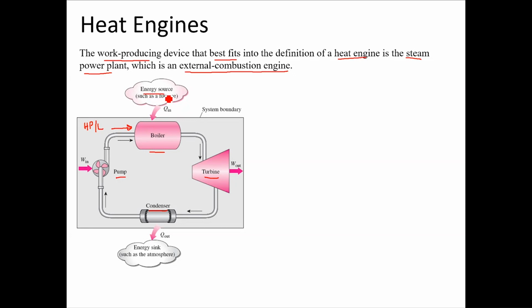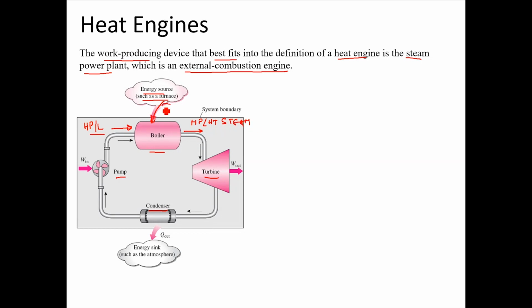So you have an energy source such as a furnace, which is outside this system, and it is providing heat to the boiler, or in other words, it is providing heat to this high pressure liquid. As high pressure liquid comes out of the boiler, it is in the form of high pressure, high temperature steam.